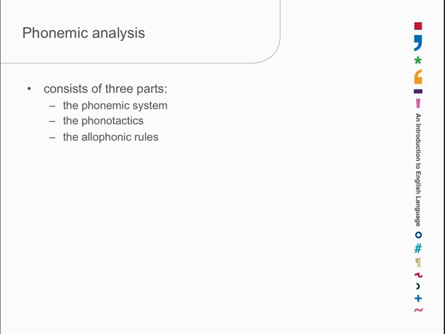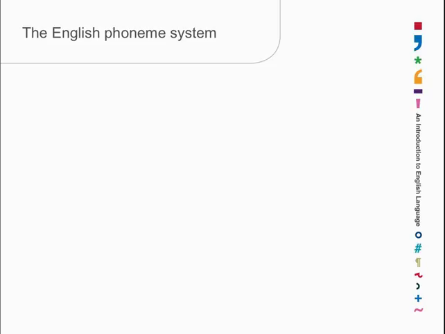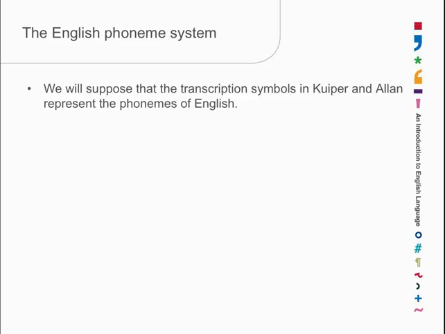Well, what about the phoneme system? We're going to suppose that the transcription symbols in the book are the phonemes of English. Now, as you know, that isn't entirely true, because we've already seen that some dialects have more phonemes than others, and some have fewer, but nevertheless, that'll do for the meantime.